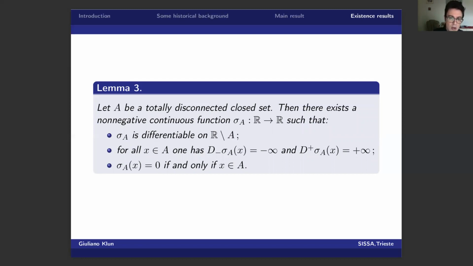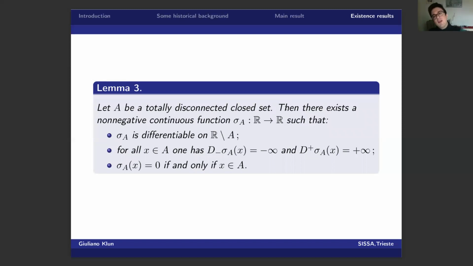Then there exists a non-negative continuous function sigma A from R to R, such that sigma A is differentiable over the complement of A. For all x in A, the lower left derivative is minus infinity and the upper right derivative of sigma A is plus infinity, and sigma A of x is 0 if and only if x belongs to A.